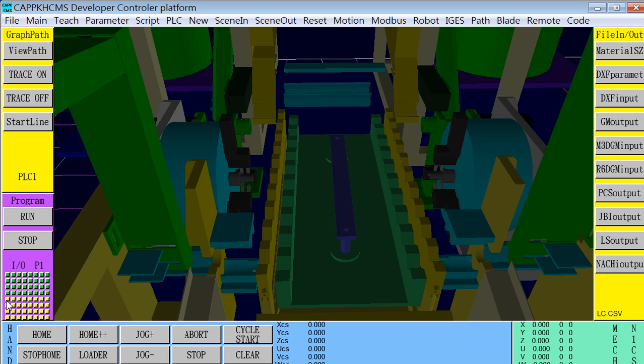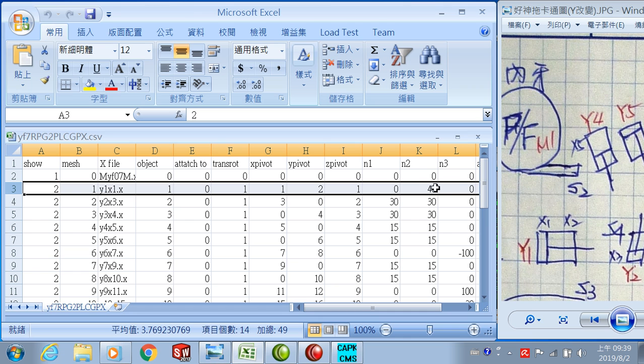So this is Y1 object 1's moving, and this is the definition of the moving distance. Put 40 here so CMS CAPP knows how much distance and what direction the piece object 1 moves.